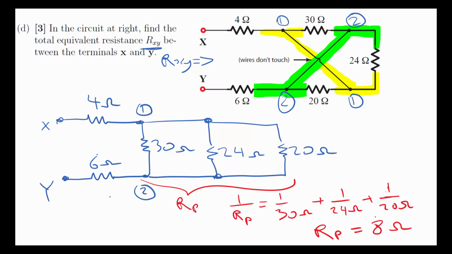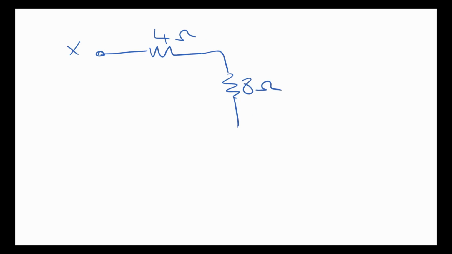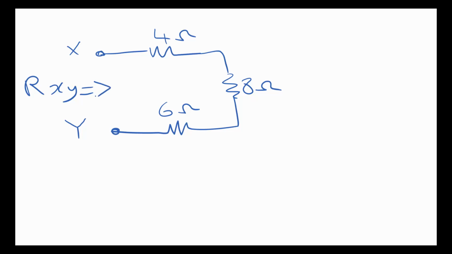Now let's go to our next page and draw what we know now. We have node X, we have the 4 ohms, then we have the parallel resistance that we found, and that was 8 ohms. And then we have the 6 ohms on the bottom. They're all in series, and we want to find our Rxy, looking in that way.